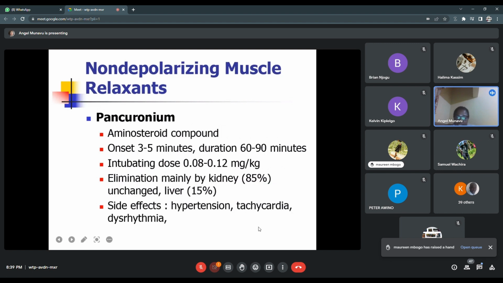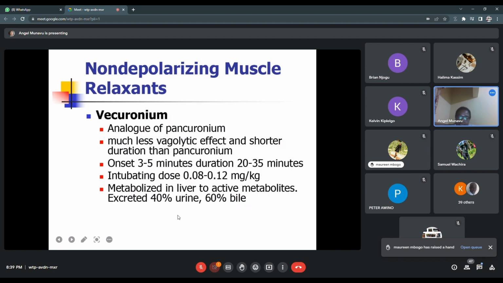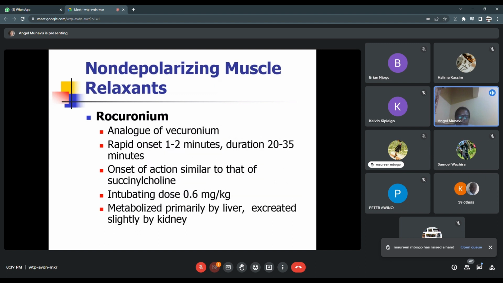So meaning it doesn't have this hypertension and tachycardia. So it's better if you have a patient who is hypertensive. It's better to use vecuronium. The dose is the same as that of pancuronium. Again, metabolized in the liver to active metabolites, and 40% excreted in urine and 60% in the bile.